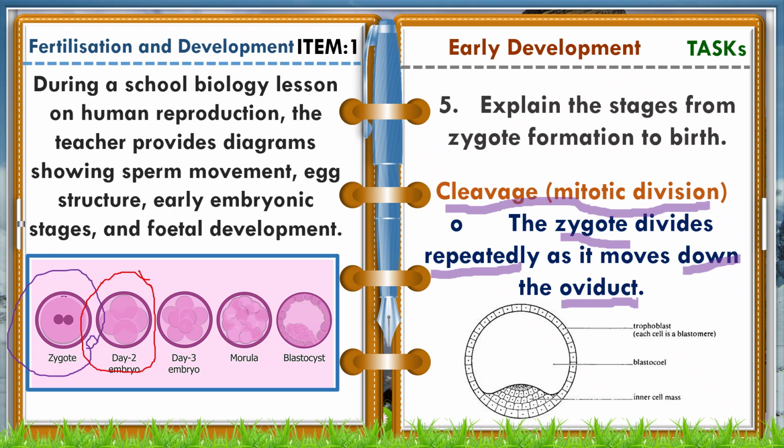When they undergo mitotic division, all that is what we call cleavage, and they form a structure called morula.